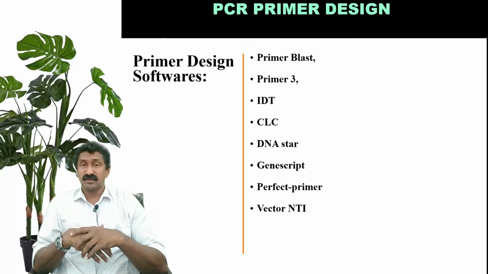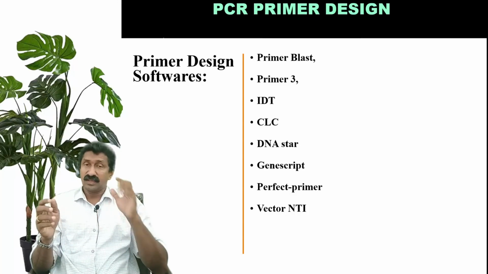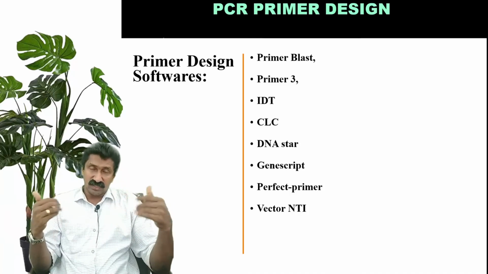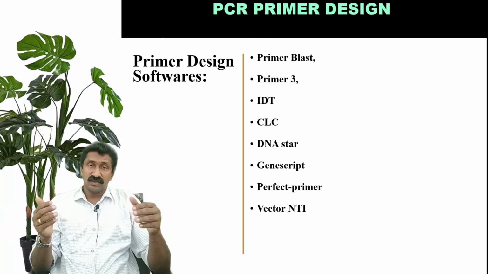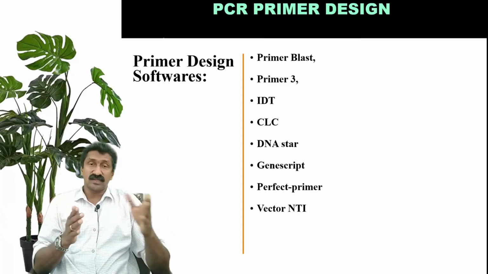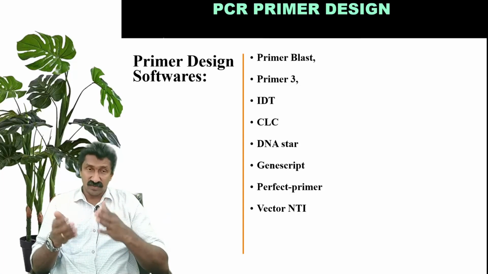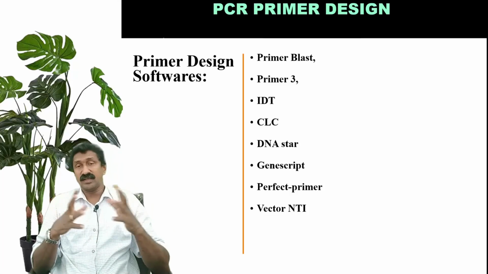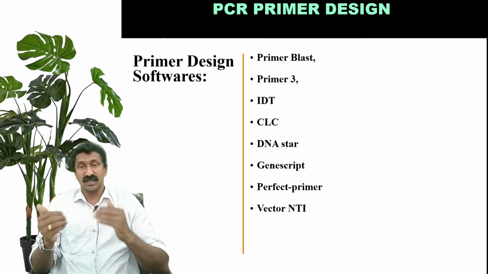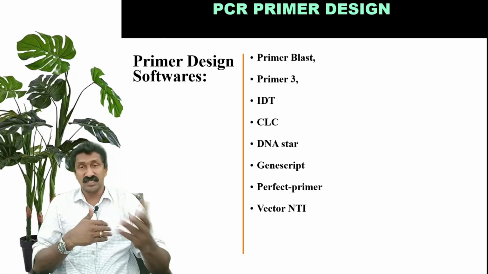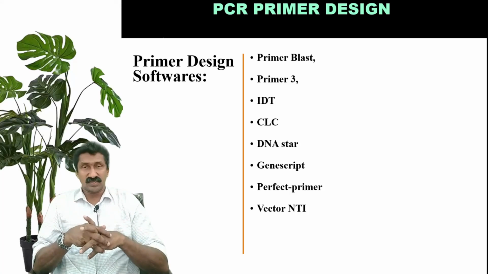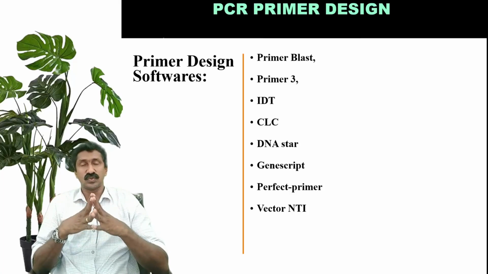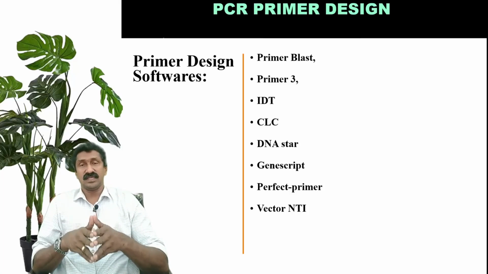For example, you can give a 2000 or 3000 base pair entire DNA or gene sequence into the software, and it will suggest the possible start and end regions of the amplicons, where you will get a good primer, what the sequence and length of the primer should be, and what the GC content and Tm value are. Everything will be predicted by the primer design software. So we have a lot of such tools available for designing primers.